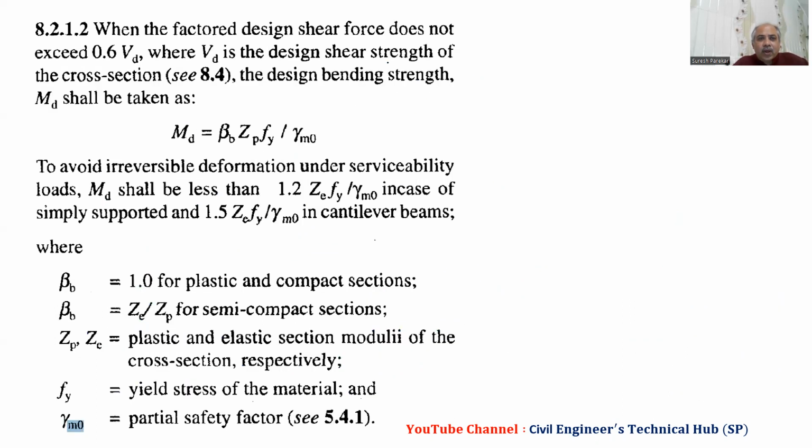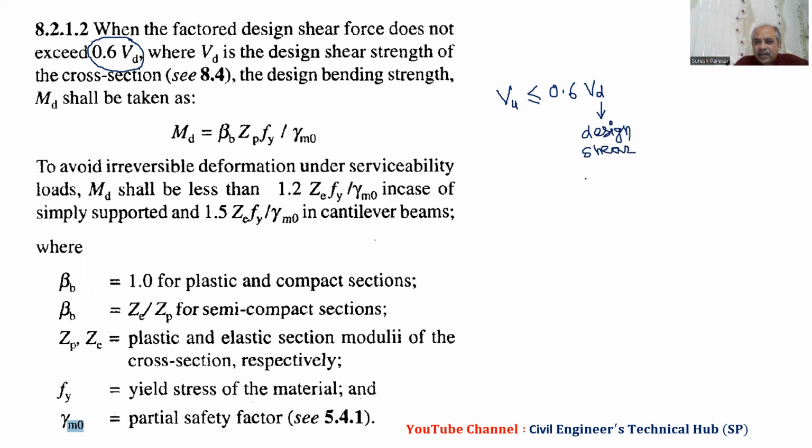Now again we have two clauses you can see over here. First, when the factored design shear force does not exceed 0.6 VD, this is again the most important one. So your shear force VU does not exceed, meaning is less than or equal to, 0.6 VD. VD is the design shear strength.